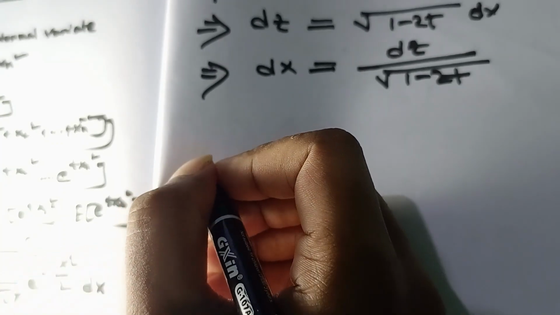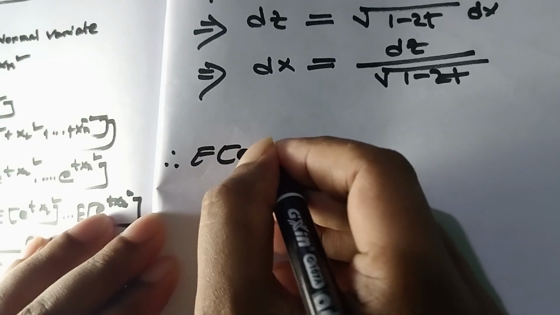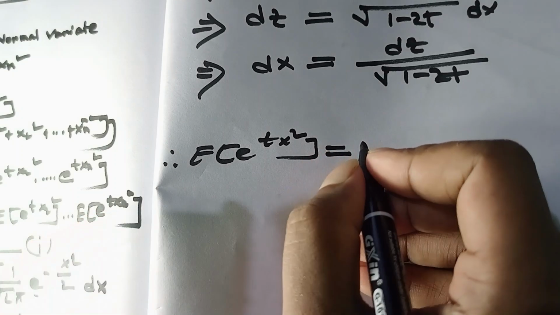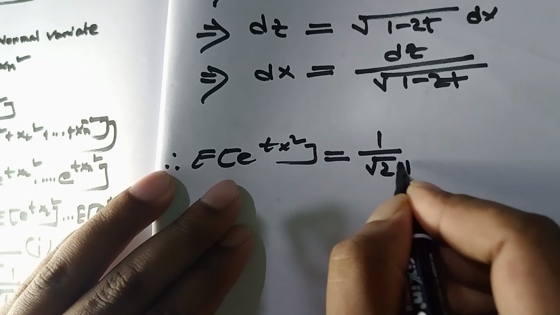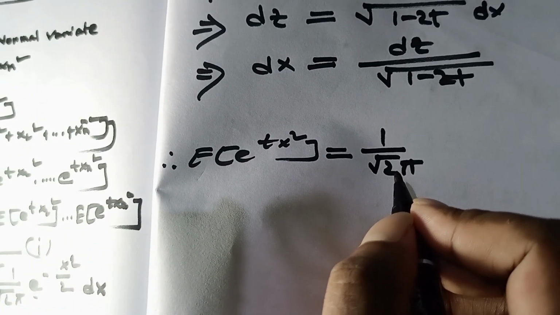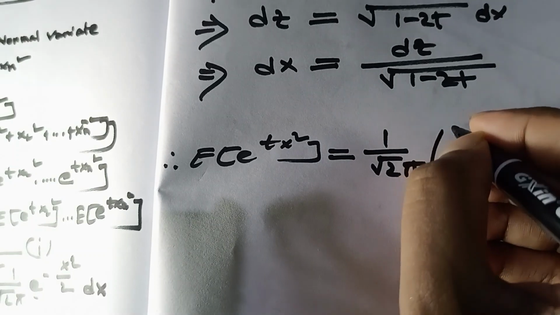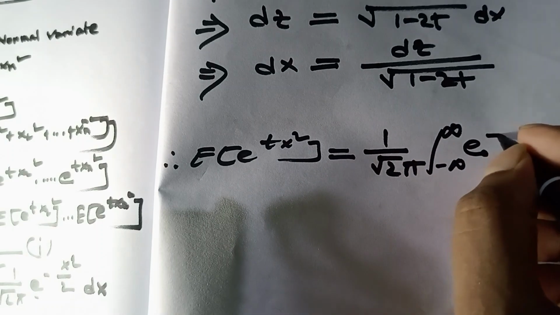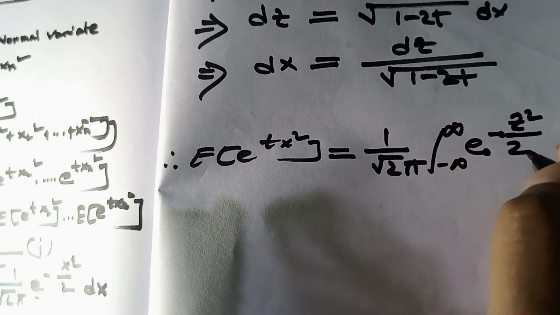Now I can write the expected value of e to the power t x square as 1 by root 2 pi, integral from minus infinity to infinity of e to the power minus z square divided by 2.